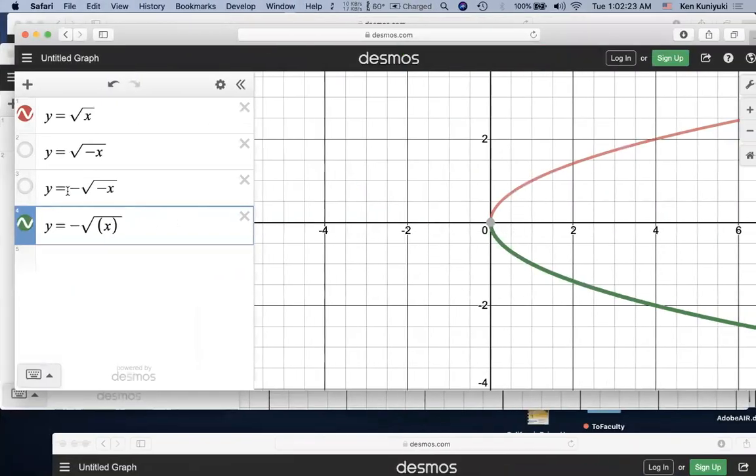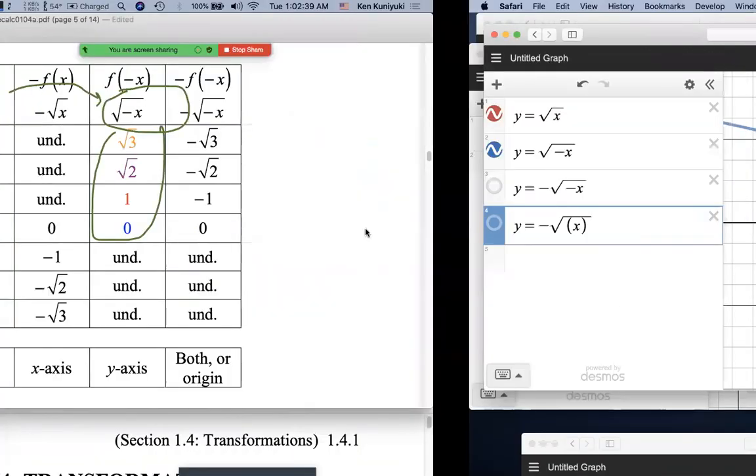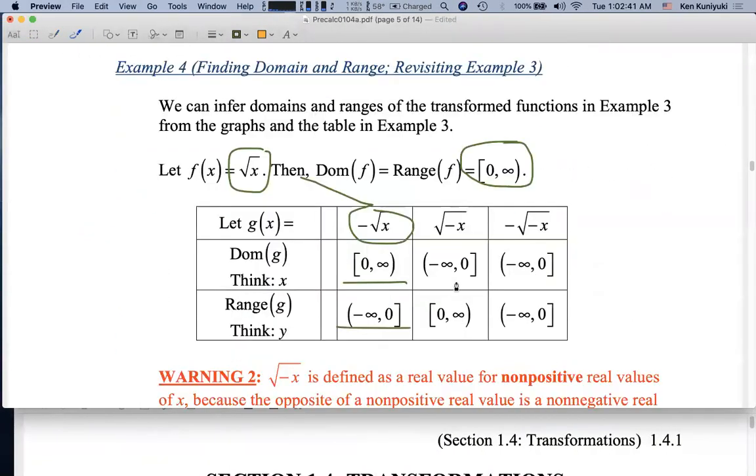And that explains why when you go from the red graph to the blue graph over here, the domain is flipped around. The range stays the same, but the domain is flipped around. The domain consists of the set of non-positive reals, 0 and the negative real numbers. So the domain is flipped around, but the range stays the same as for the original, the non-negative reals.